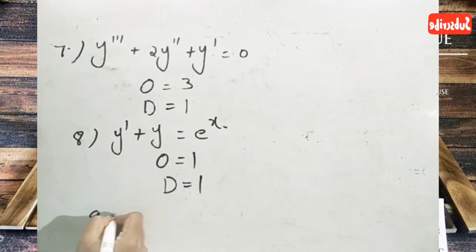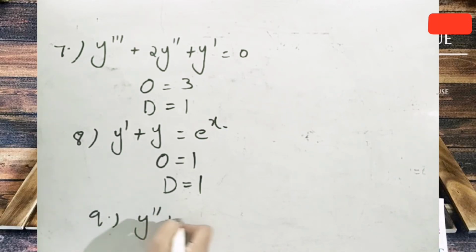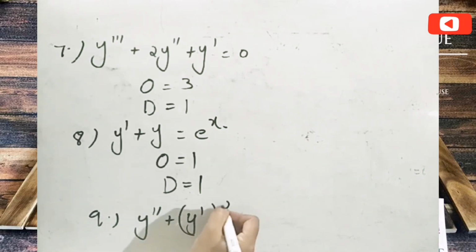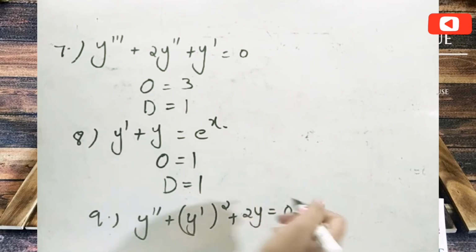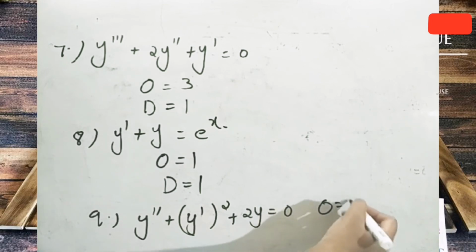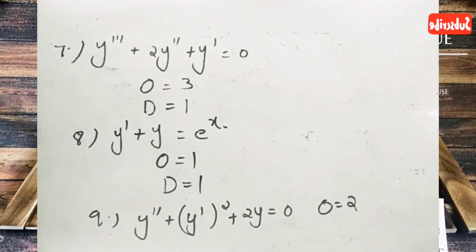Now ninth question: y'' + (y')² + 2y = 0. Here the highest order derivative is the second order derivative, and the power of that second order derivative is 1.